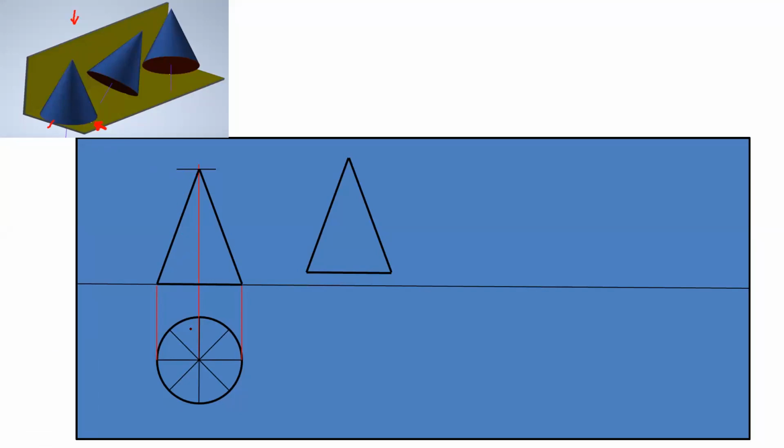Now divide this circle into 12 or 8 equal parts. Now take the projections from these extreme points and draw the generators.